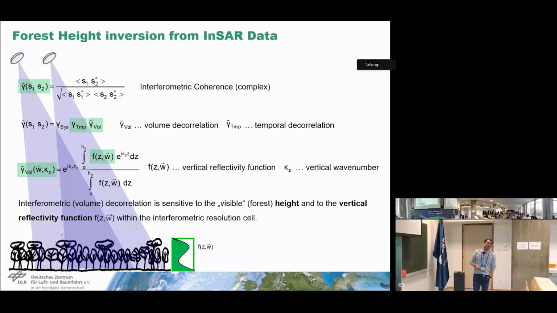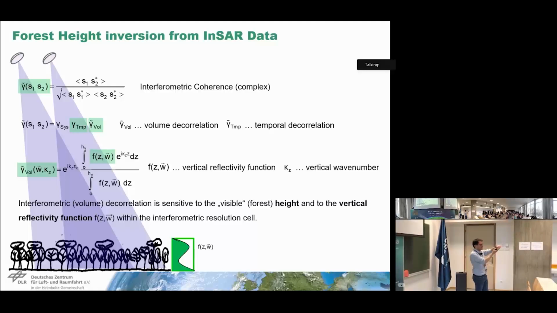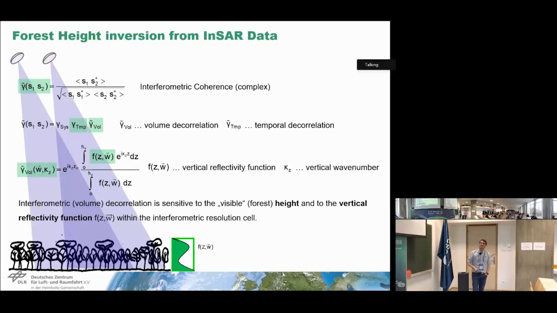So it depends on how much you penetrate. And for us, the forest height, as we call it here, is the height difference between the point at which you have maximum penetration and the top of your canopy. Then, if you penetrate until the ground, then of course it's indeed a forest height which is comparable to what you would measure from the ground itself.